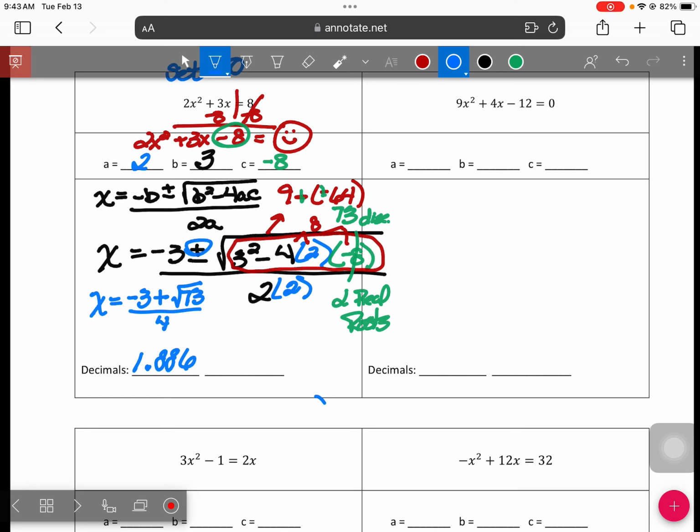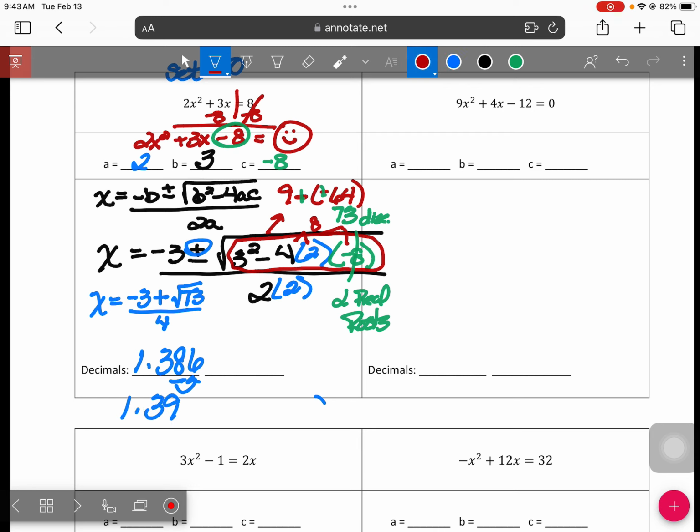Enter arrow. I got 1.386. So not sure what you did incorrect there. 1.386. And then if I round it to the hundreds place, look next door, 5 or more, 1.39.